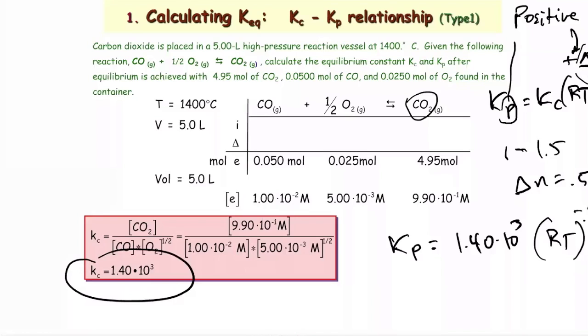So Kp equals 1.40 times 10 to the third times RT to the minus 0.5. The negative tells you it's the reciprocal, so it's in the denominator. The 0.5 tells you it's a square root.